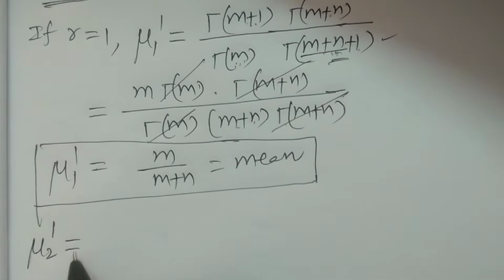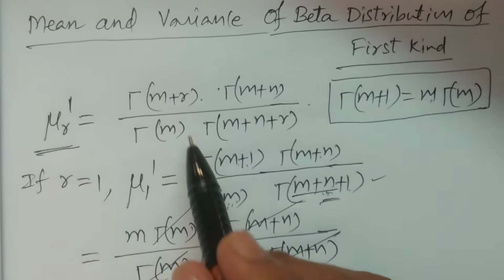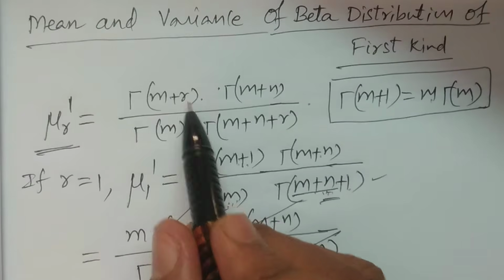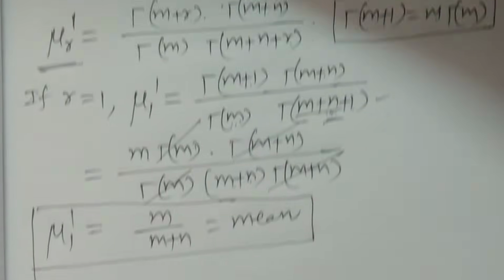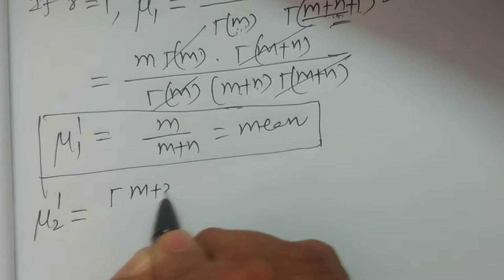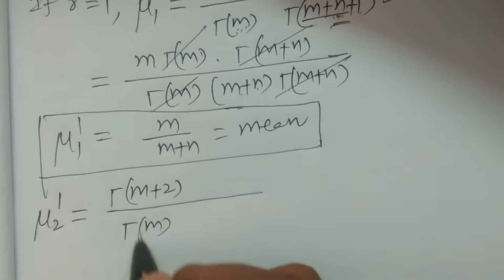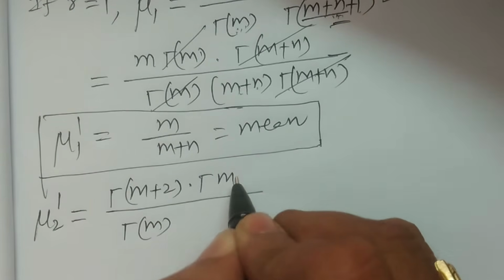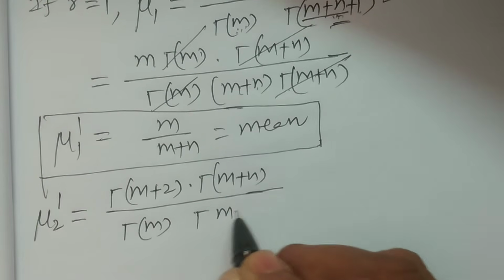Mu 2 dash is equal to, substituting r equal to 2 in the formula for mu r dash, gamma of m plus 2 divided by gamma of m multiplied by gamma m plus n divided by gamma of m plus n plus 2.